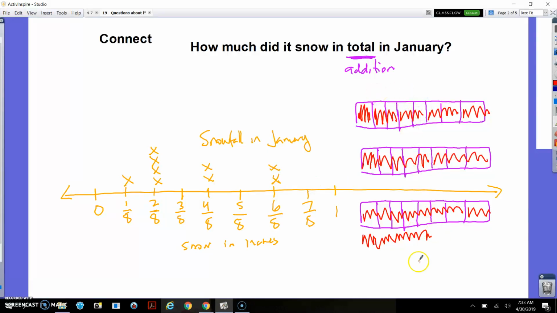And all in all, I had 3 full inches. And let's see, 1, 2, 3, 4, 5 out of the next 8. So 3 and 5/8 inches. And that's what we did. Just added them up to see the total.